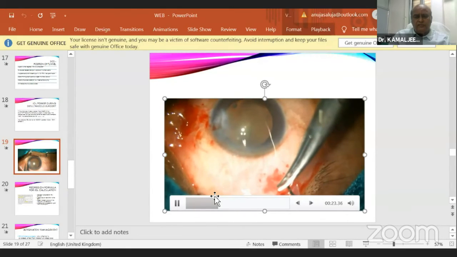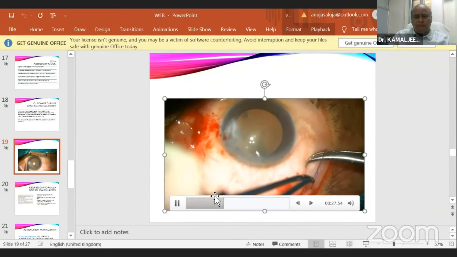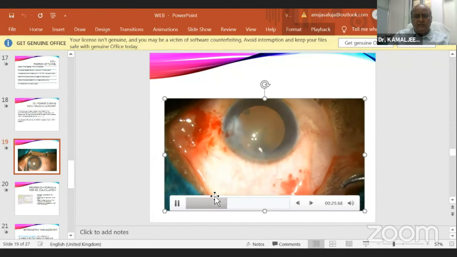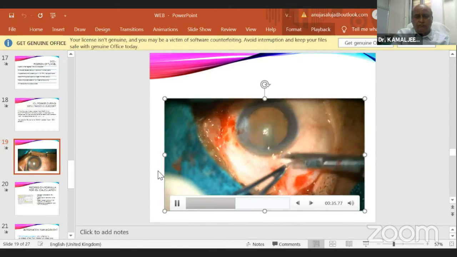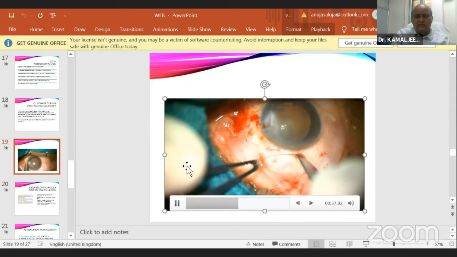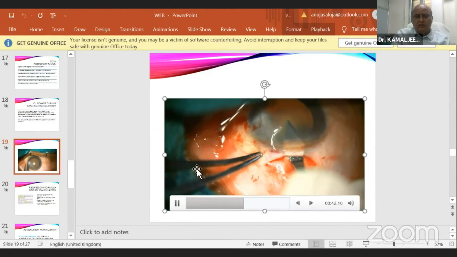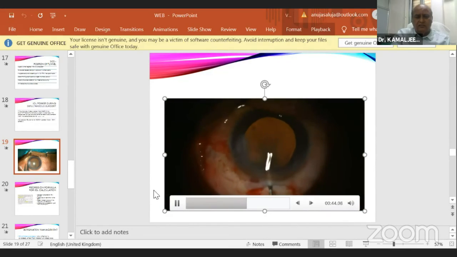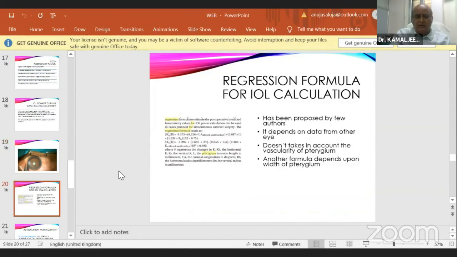And this is the autoconjunctival graft being taken. You measure the size there and then you do it. SICS is done in the usual fashion, making a frown incision and doing the SICS in the normal way.